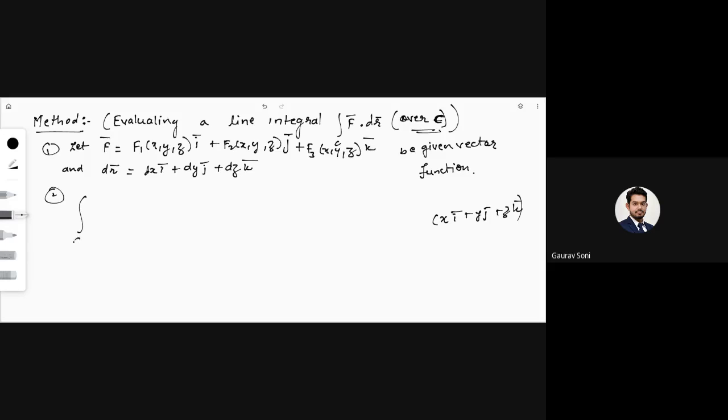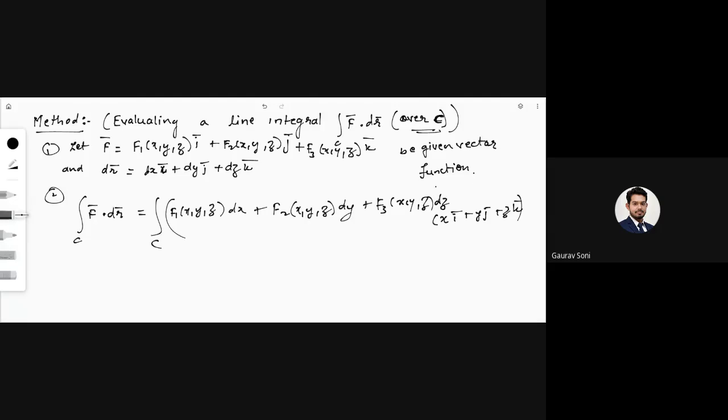So the integral over C of f bar dot dr bar is going to be the integral over C of the dot product of f bar and dr bar. So what we will have: f1 of x, y, z into dx plus f2 of x, y, z dy plus f3 of x, y, z dz.